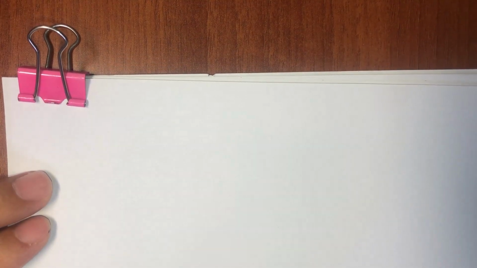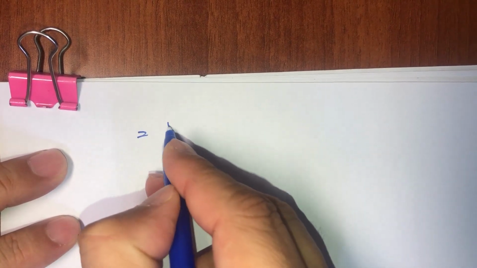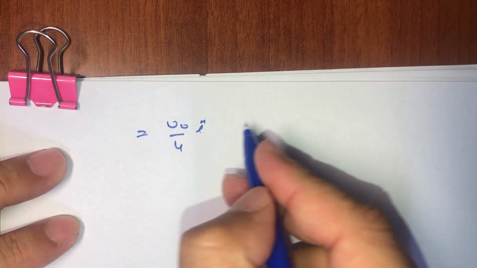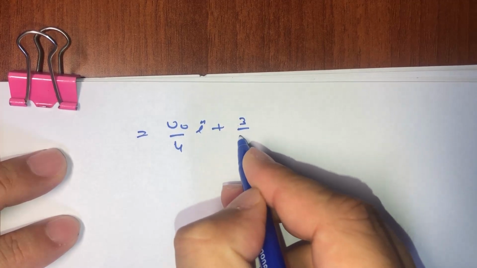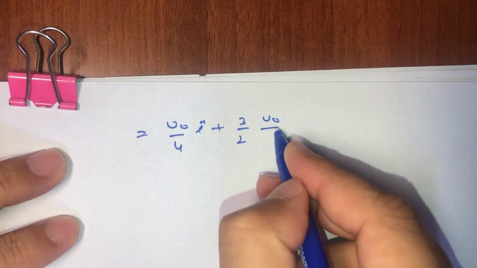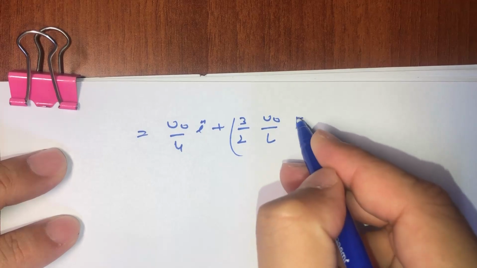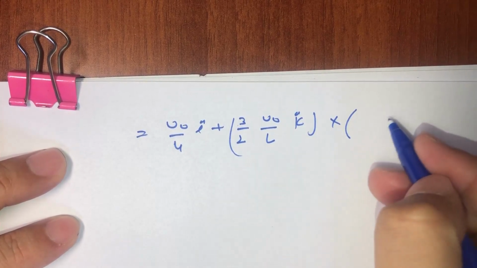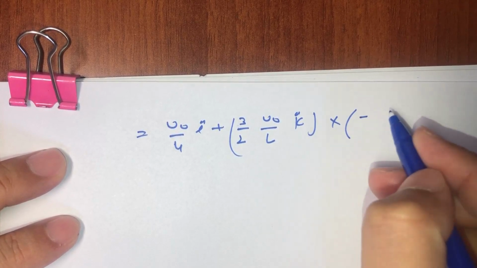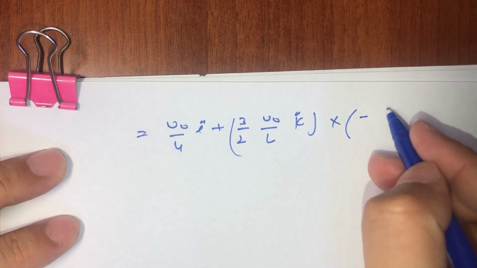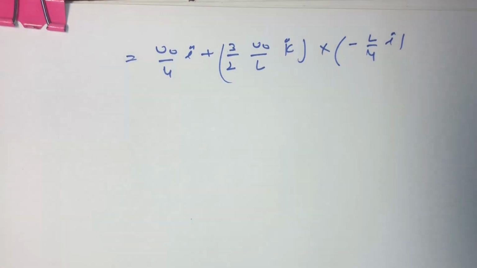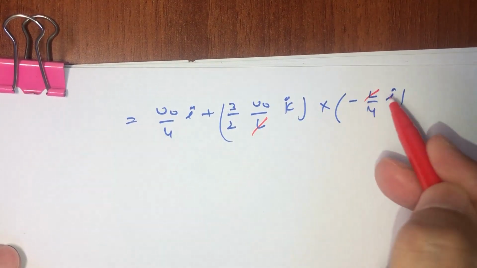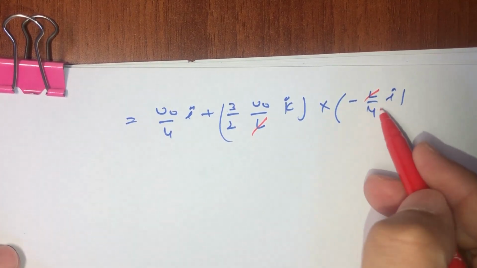So it is almost finished now. The velocity of center of mass will be V0 by 4 in I direction, plus we have omega, which we already calculated, 3 by 2 V0 divided by L, in K direction, multiplied by the position vector of P, which is in negative I direction, so this will be L by 6 in the negative I direction. Sorry, here it is 6, my mistake.